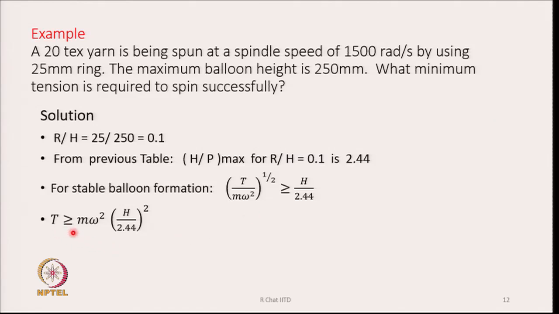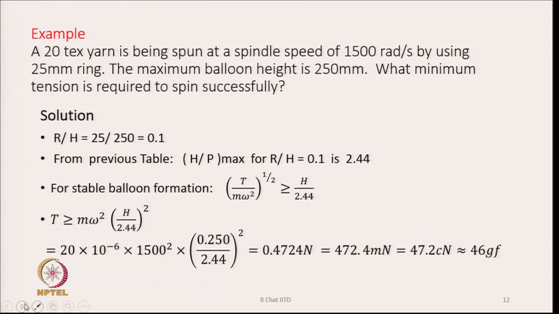T should be greater than m omega squared, H by 2.44, whole square, and if I put the values of m and omega here, because it is 20 tex yarn, 20 tex means 20 milligram per meter.